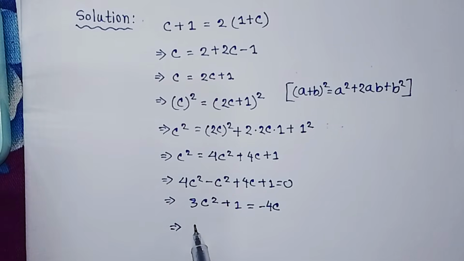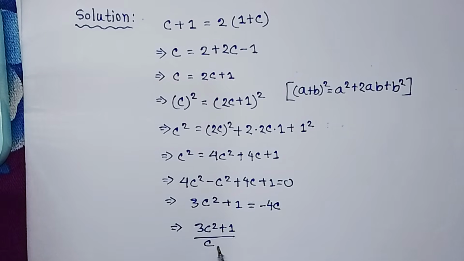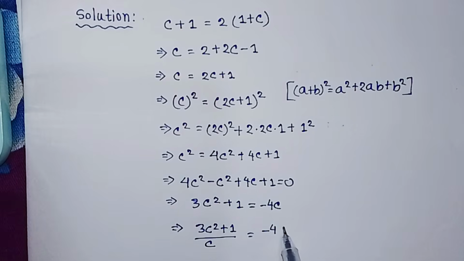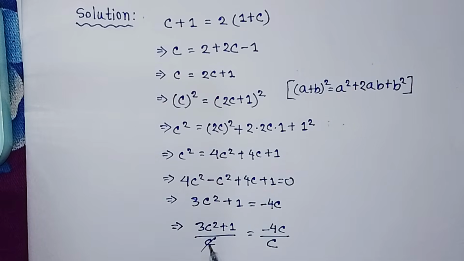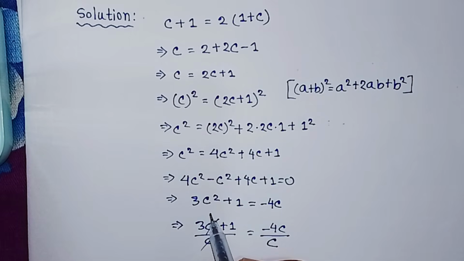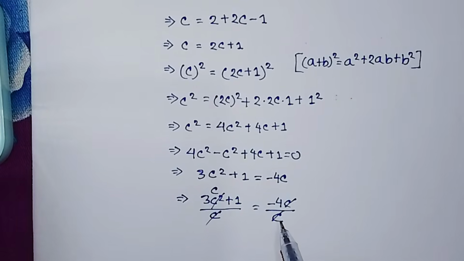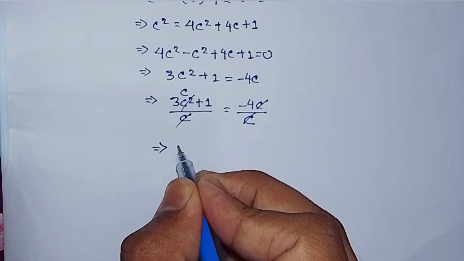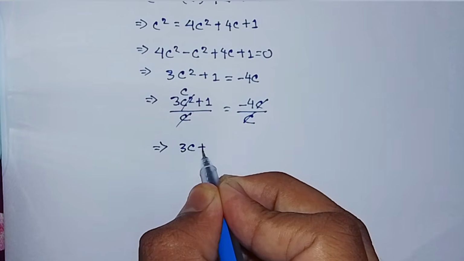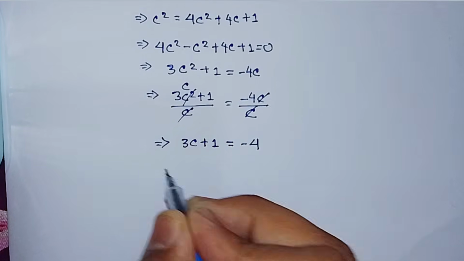Then we can write 3c squared + 1 divided by c and minus 4c divided by c. Then this c and this c will be cancelled out, and here take c, and this c and this c will cancel out in here. Then we can write in here 3c + 1 = minus 4.